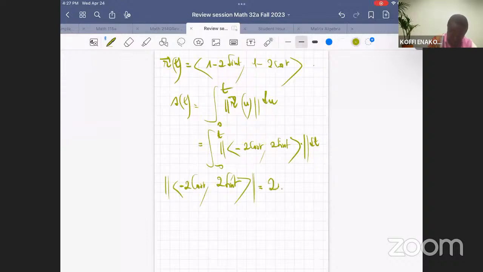So s of t is the integral from 0 to t of 2 dt. And this is 2t. Exactly what we were discussing in class.